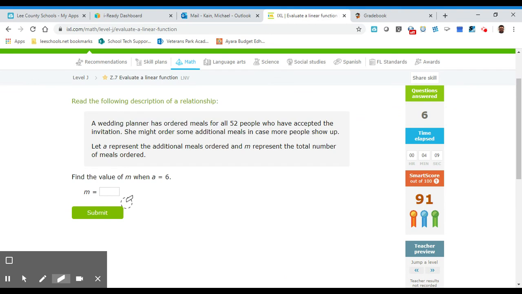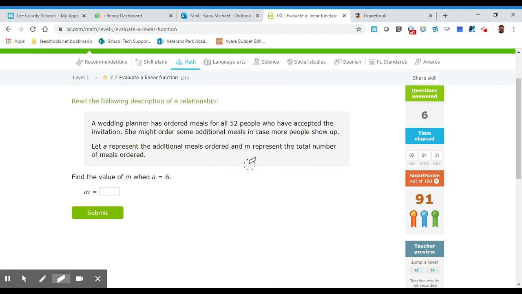Okay, for these we have to read. A wedding planner has ordered meals for all 52 people who have accepted the invitation. She might order some additional meals in case more people show up. Let A represent the additional meals and M represent the total number of meals.